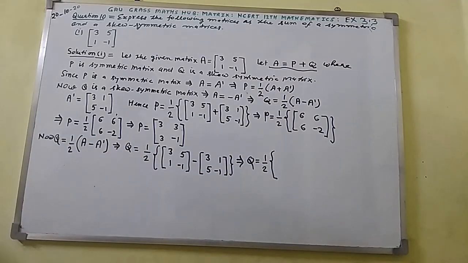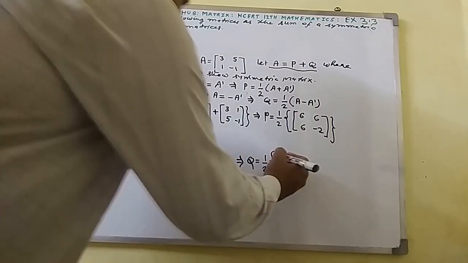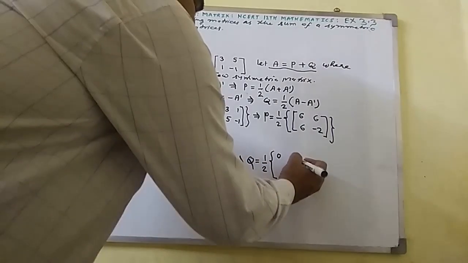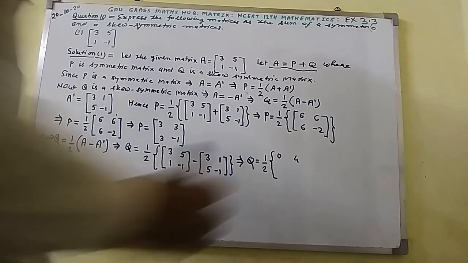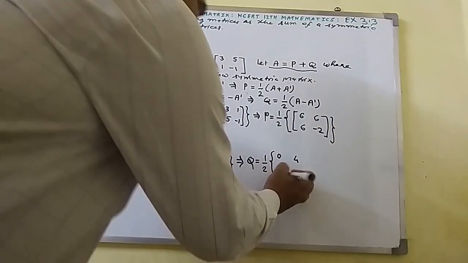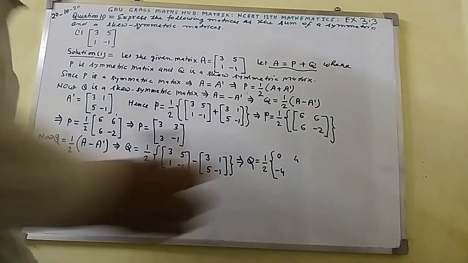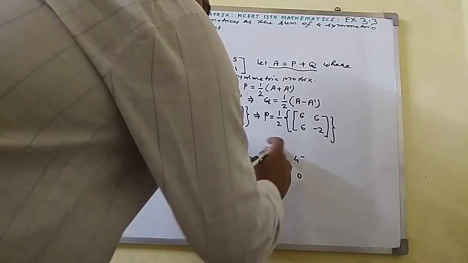On subtraction of these two matrices, 3 minus 3 gives 0, 5 minus 1 gives 4, 1 minus 5 gives minus 4, and minus 1 gives 0. It will become like this.